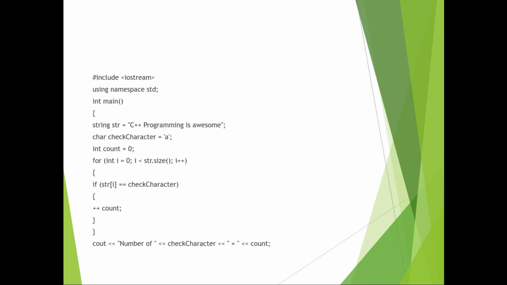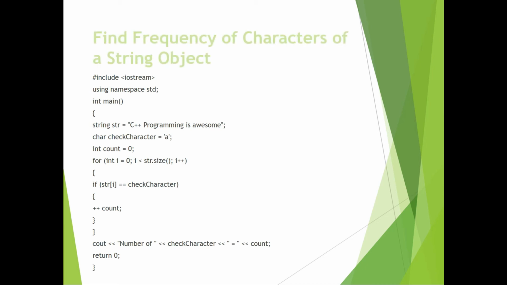Another example is to check the frequency of occurrence of a particular character. This is using a string object, which means we use the keyword string. Here string str equals "C++ programming is awesome". In this particular sentence, you are going to check a particular character, that is A. How many times has this A occurred in this sentence?